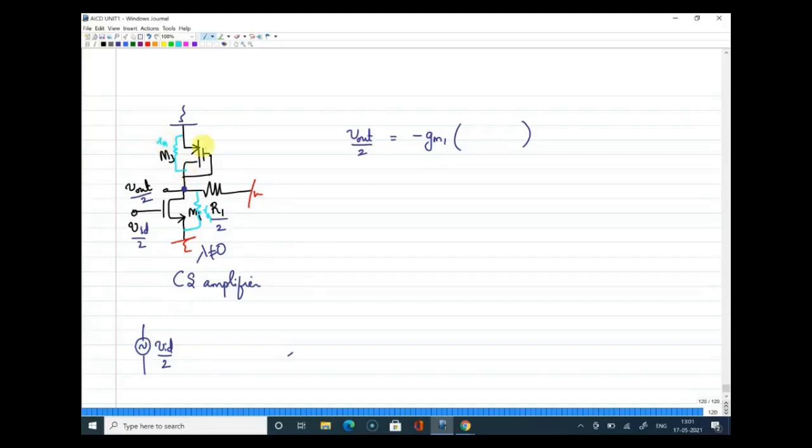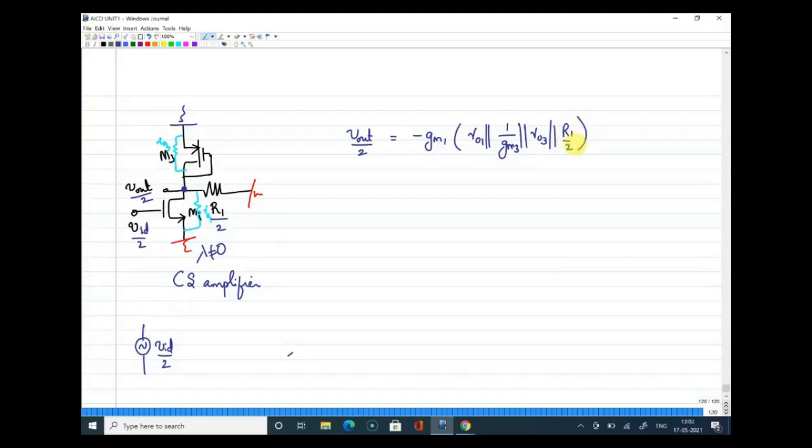But this is a diode connected structure, so the load here is 1 by GM3, parallel to R0 3. Then there is an R0 1 from the drain to ground, and there is one more R1 by 2 also. So when you write all these in parallel, the final gain expression will be R0 1 parallel to 1 by GM3 parallel to R0 3 parallel to R1 by 2.